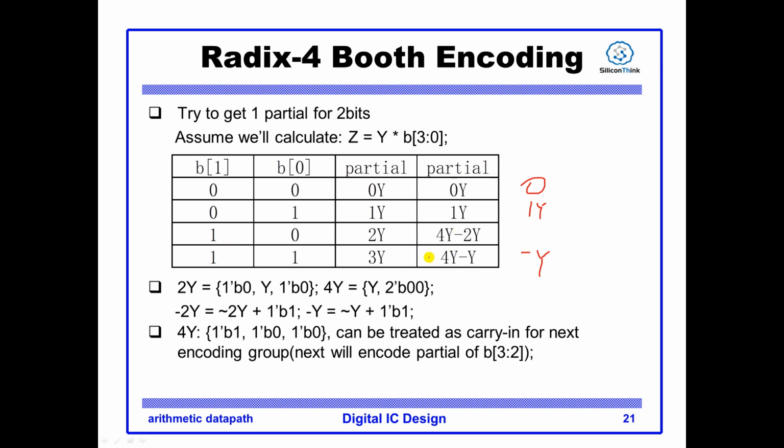So the carry will just depend on the value of bit 1. That is, you can simplify the logic. So we leave minus 2 times y at this point. The 2 will be treated as carry in for the next encoding group.